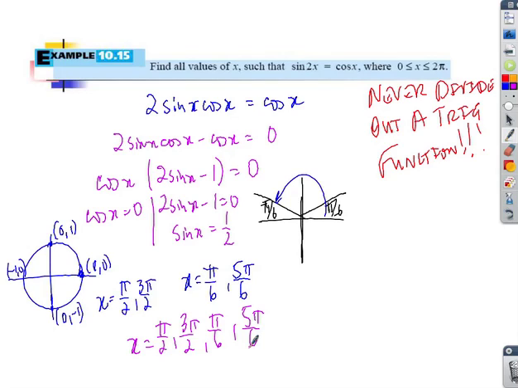And then just one more example I want to do with you, because it kind of goes against what we just looked at. If your question was sine x equals cos x, on the last slide, I said never divide out a trig function.